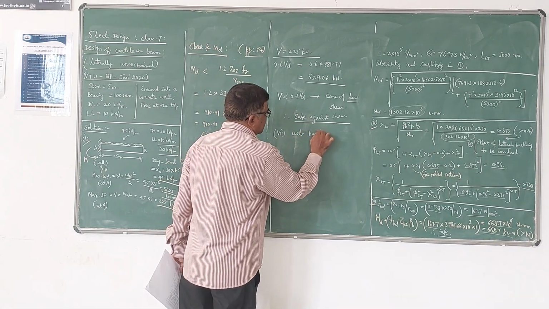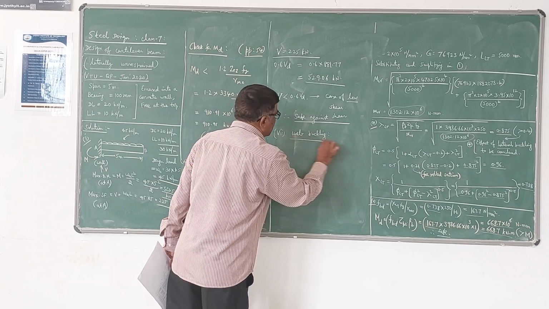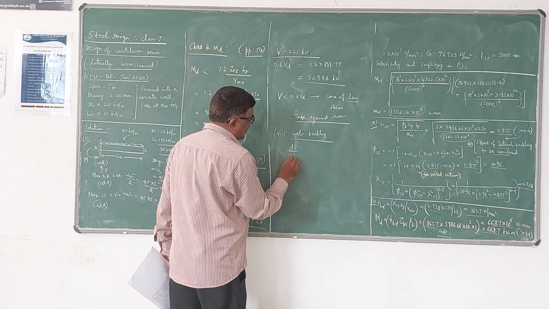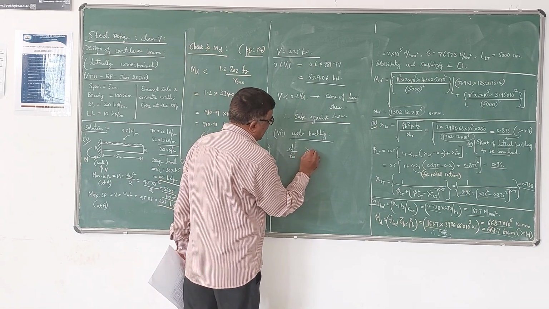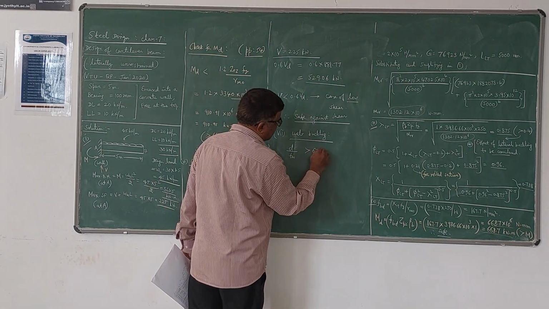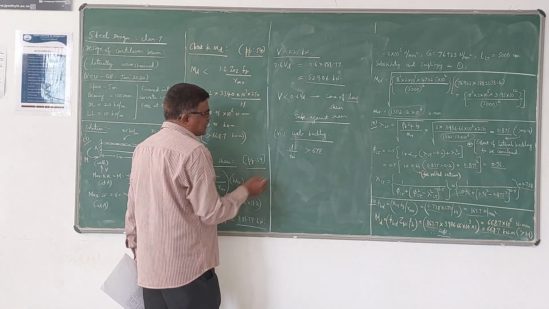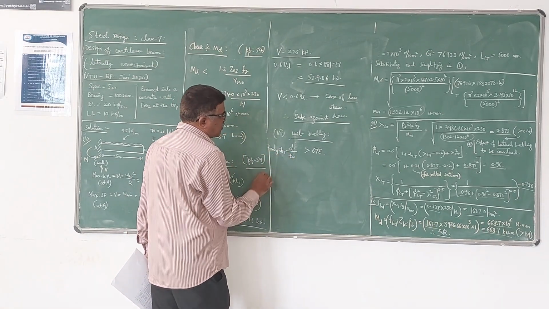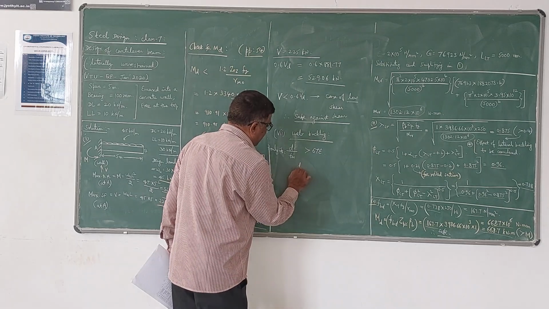buckling. Let's check. Web buckling check is done only if the ratio of d by tw is greater than 67 epsilon. So d by tw we have already calculated.